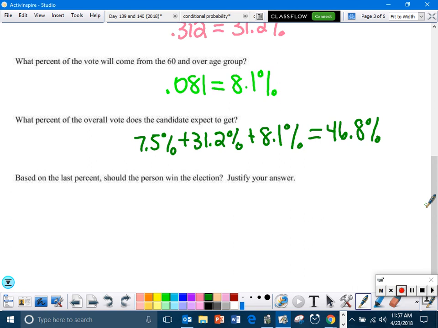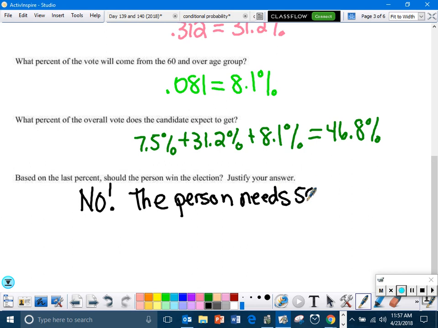Based on the last percent, should the person win the election? No. Justify your answer. The person needs more than 50% to win.